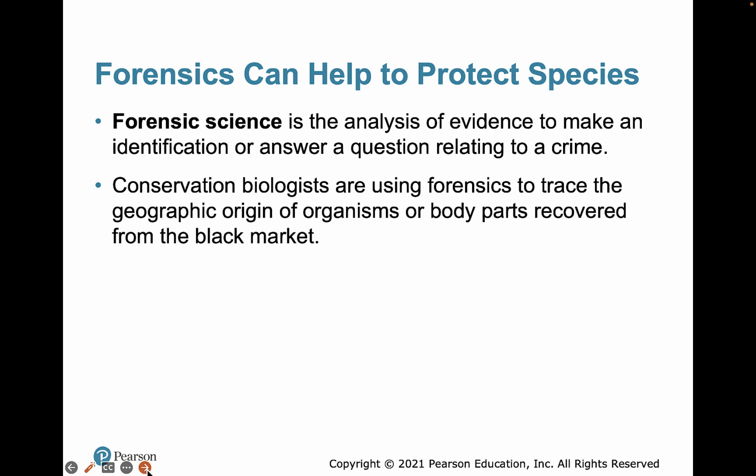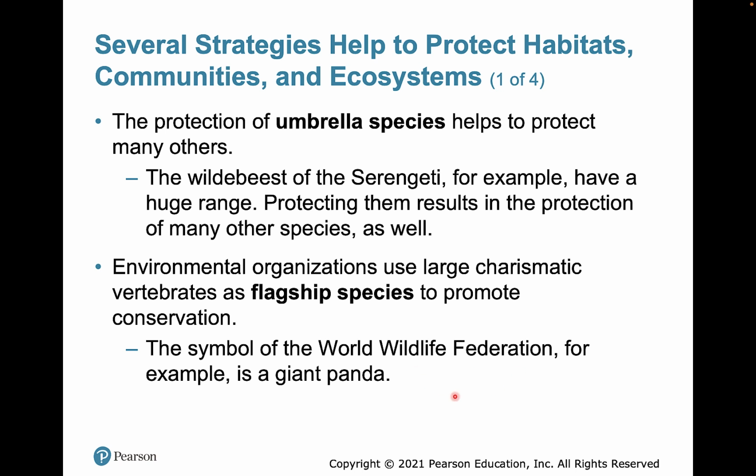We use forensic science to help figure out where body parts have come from, and that assists in the upholding of the Endangered Species Act, or CITES. We can talk about two different ways that we can protect species. You can protect something called an umbrella species, which has a huge range.